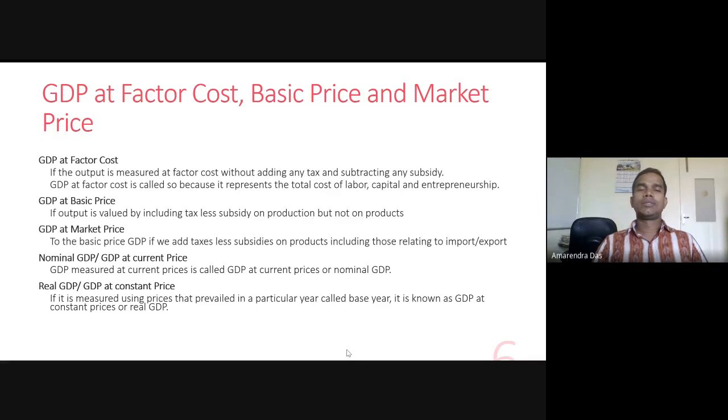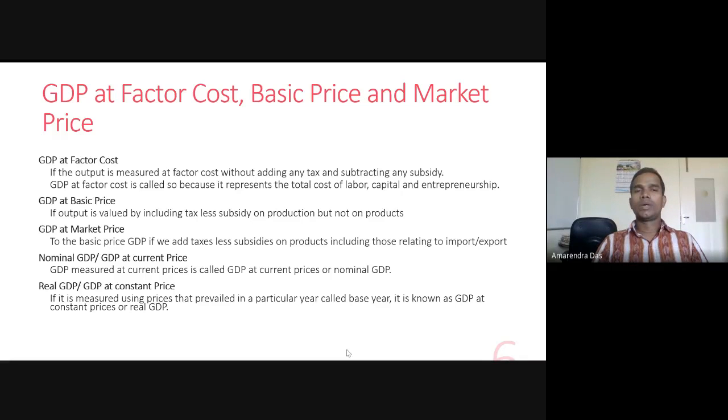So the difference between nominal GDP and real GDP is that in the case of real GDP, we are taking out the inflationary component and we are only looking at the real prices. So inflation is not included in the real GDP. But in the case of GDP at current price or nominal GDP, the inflation component exists.